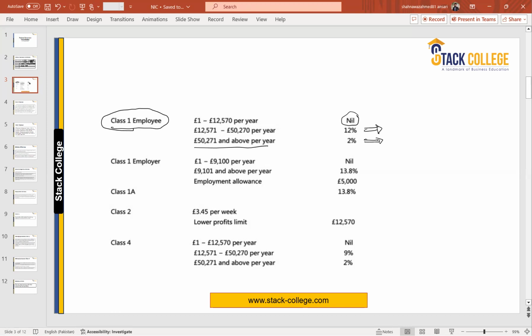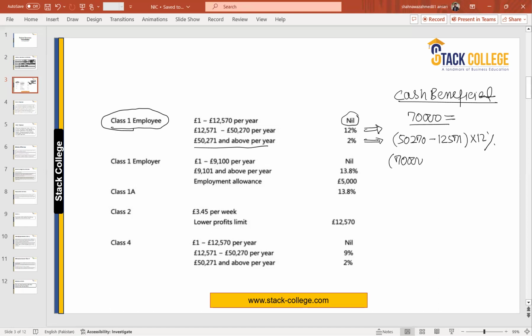Now suppose the cash benefit given to the employee, which is either salary or other cash benefit, is 70,000. So what is class 1 employee NIC? It is 50270 minus 12570 multiplied by 12%, and 70,000 minus 50270 multiplied by 2%.